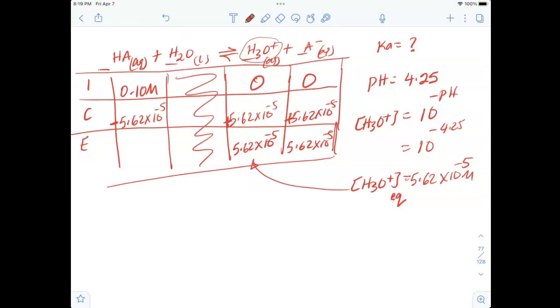This is minus, this is plus. So 0.1 minus our answer ends up rounding to 0.1, because even for the unknown acid, the 5% rule passes.